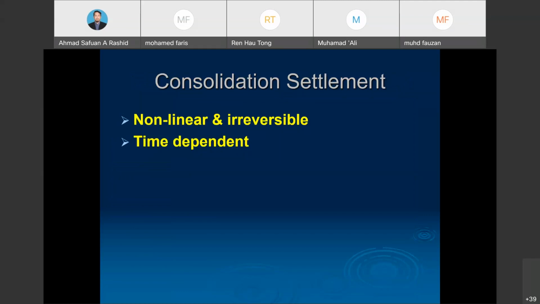Okay. So again, consolidation settlement only occurs in a clay soil.